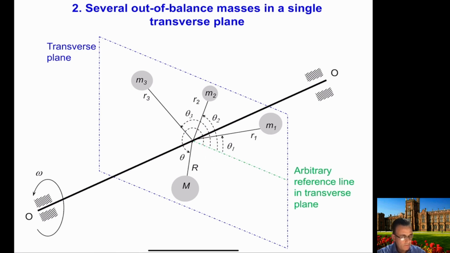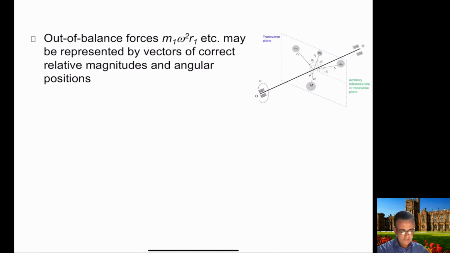Okay, so now we want to balance this three mass system, and obviously the system is also rotating at some angular velocity. The out of balance force m1 omega square r1 etc. may be represented by vectors of correct relative magnitude and angular positions.